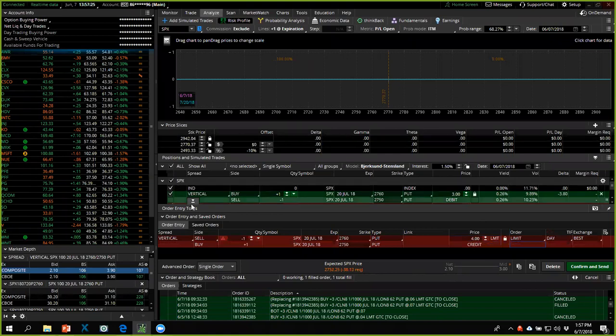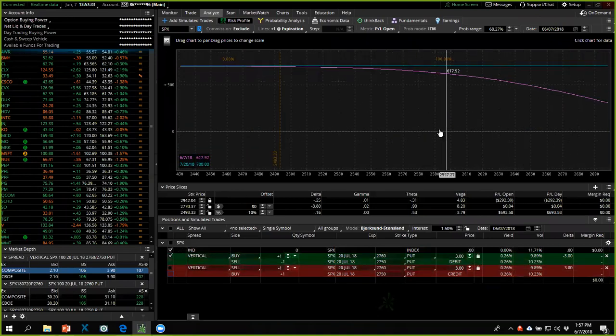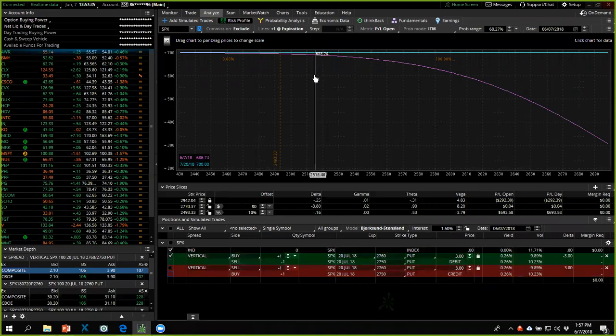Now, if I back up and come back to this for just a second. If you look at the graph, it has a maximum profit of $700. Well, if it gets to 80% of that, you might want to harvest this and close it out.